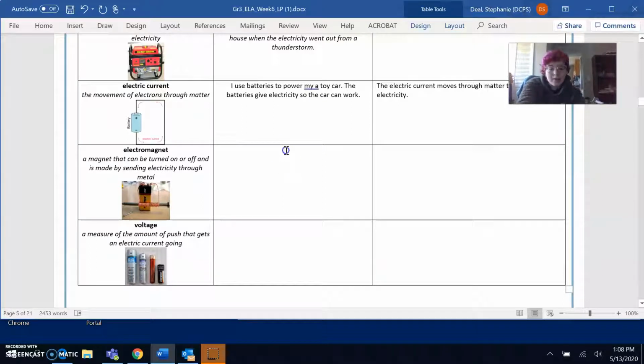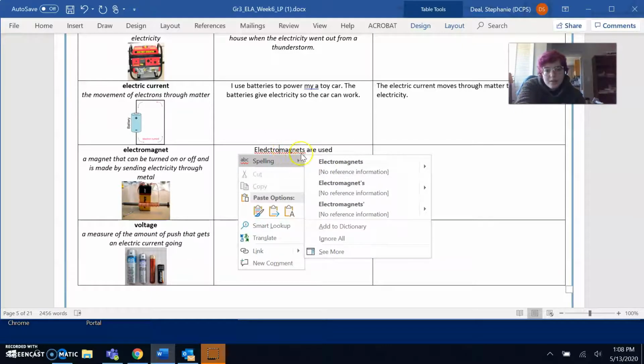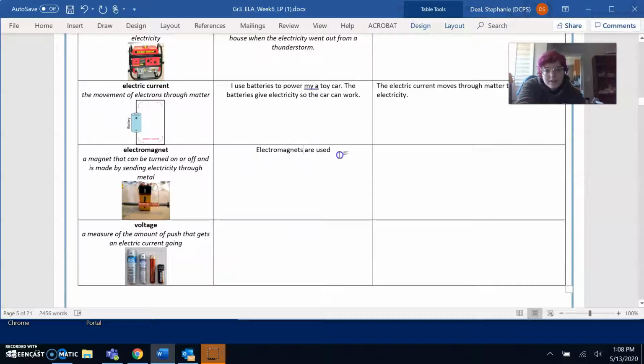I know that electromagnets are used in junk yards to pick up cars and heavy objects. They use electromagnets to pick up cars, and then they can turn it off again so the car will drop.